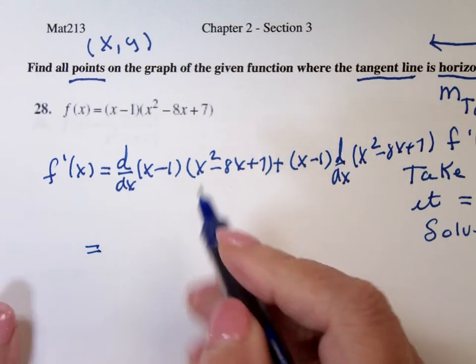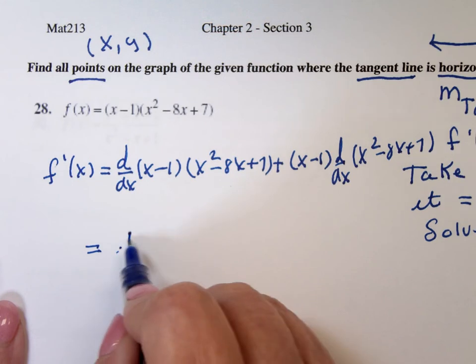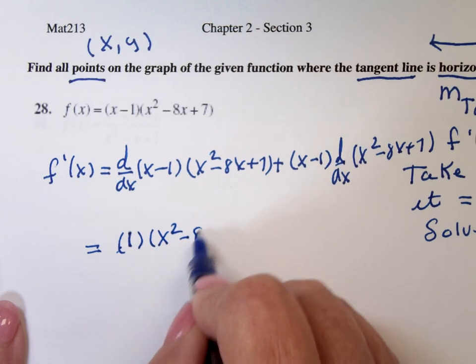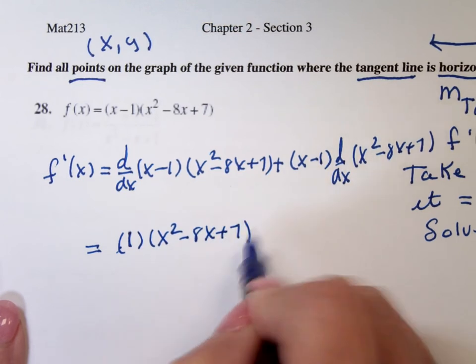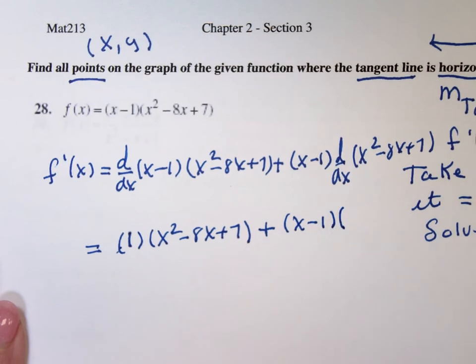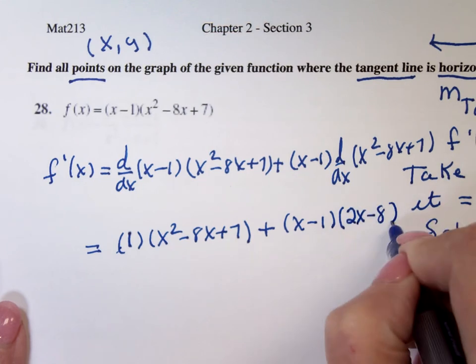The derivative of x minus 1 is 1 times the second, plus x minus 1 times, what's the derivative of x squared minus 8x plus 7? 2x minus 8.